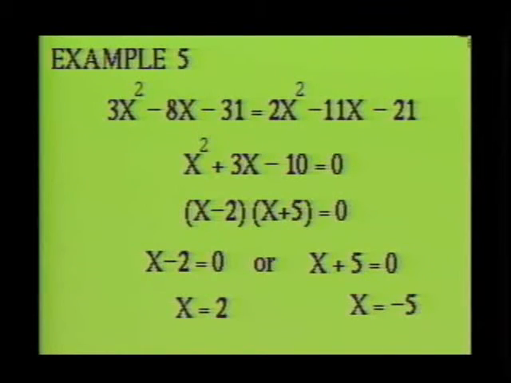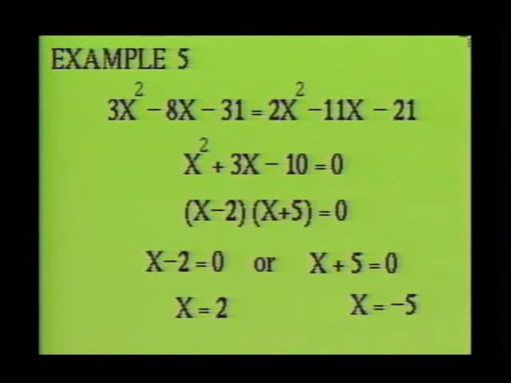Since this is a quadratic equation, place it in standard form first. We do this by subtracting 2x squared and adding both 11x and 21 to both sides. This gives x squared plus 3x minus 10 is equal to 0.